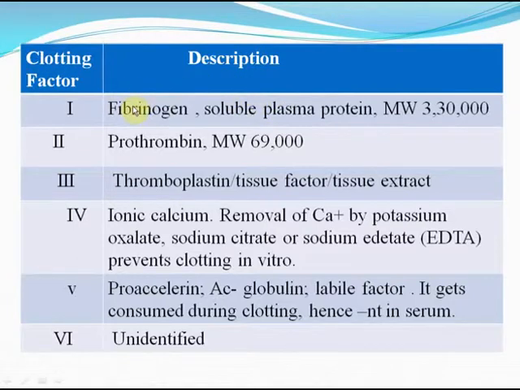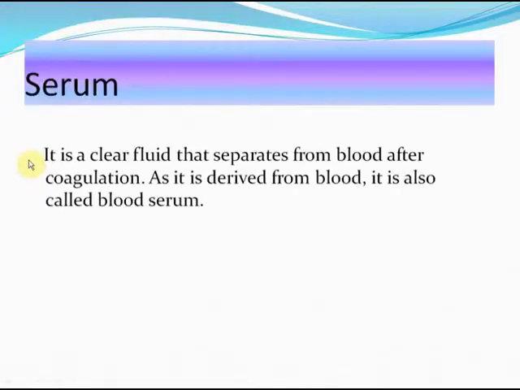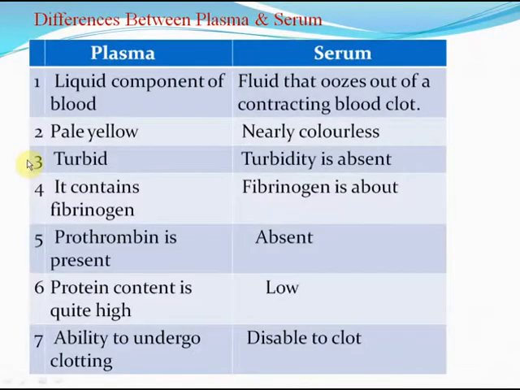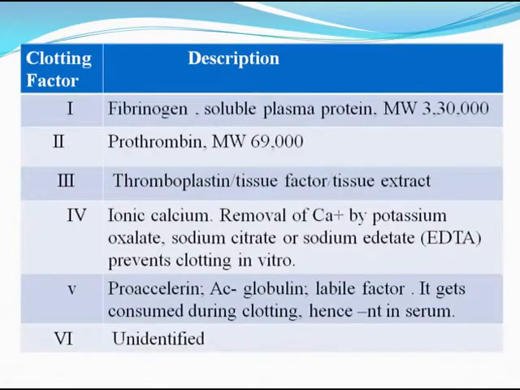Now, this is a chart of clotting factors. There are 13 clotting factors in all, and each of these has been assigned a Roman numeral. The first one is fibrinogen.